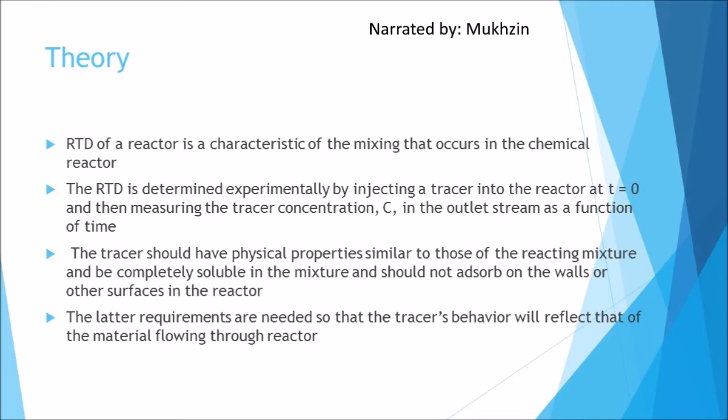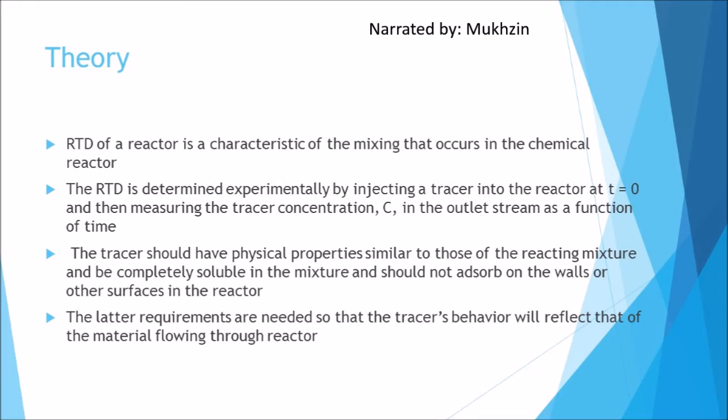The residence time distribution of a reactor is a characteristic of the mixing that occurs in the chemical reactor. The residence time distribution is determined experimentally by injecting an inert chemical molecule or atom called a tracer into the reactor at some time t equal to 0, and then measuring the tracer concentration C in the effluent stream as a function of time.